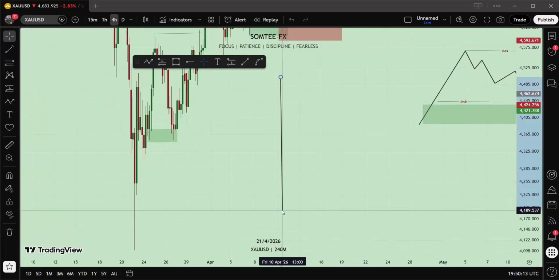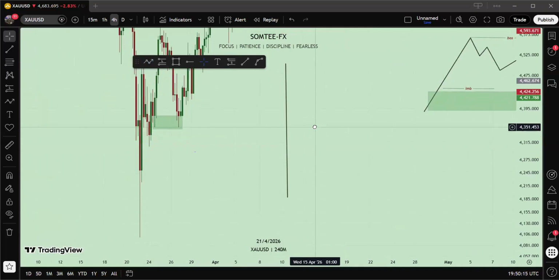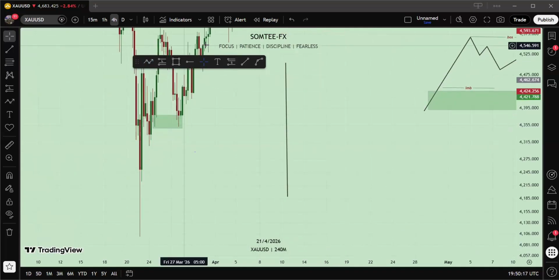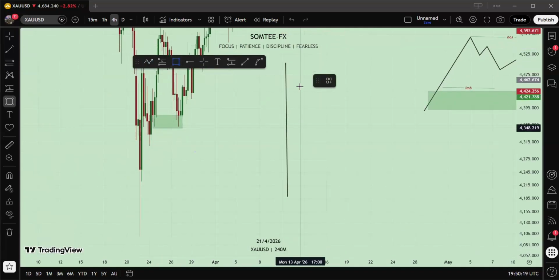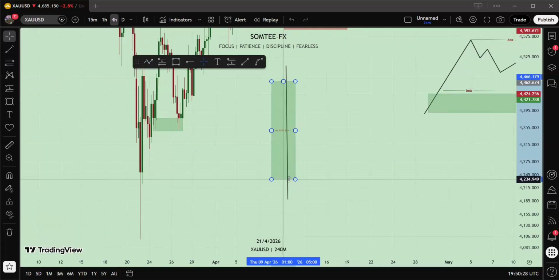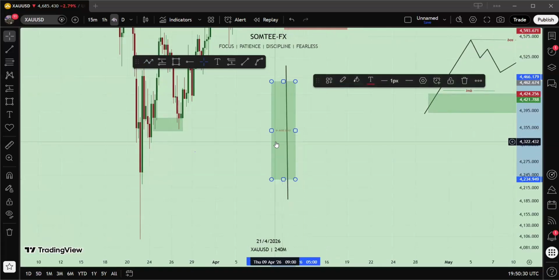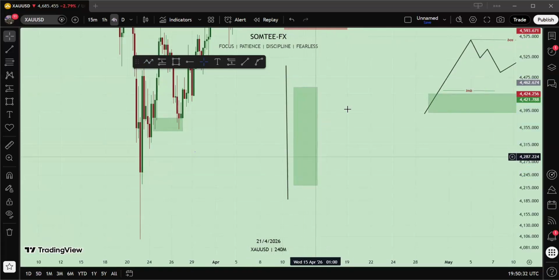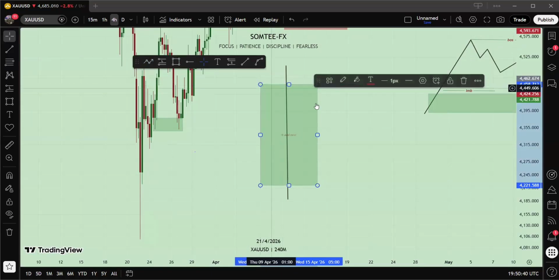So, let's talk about this candle. This is a full body candle. Maybe if you calm down, I'll set it well. I was meant to set it for you, but something happened.